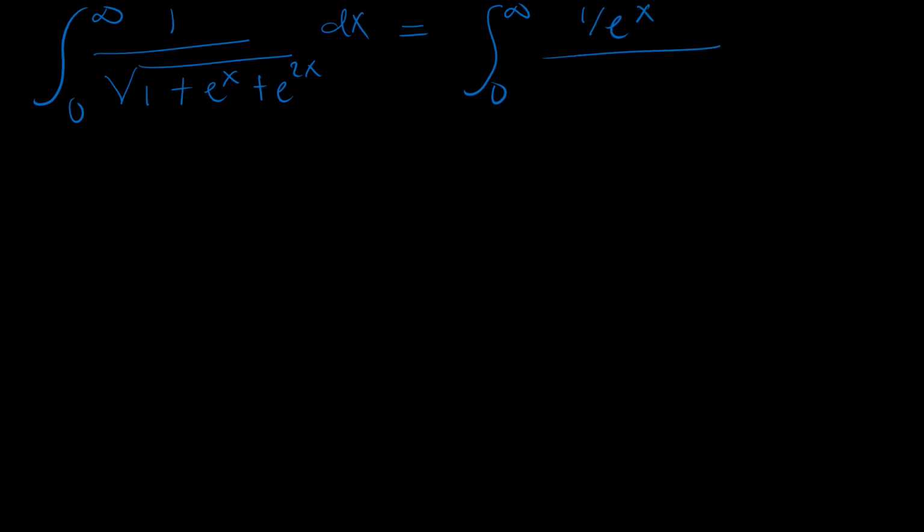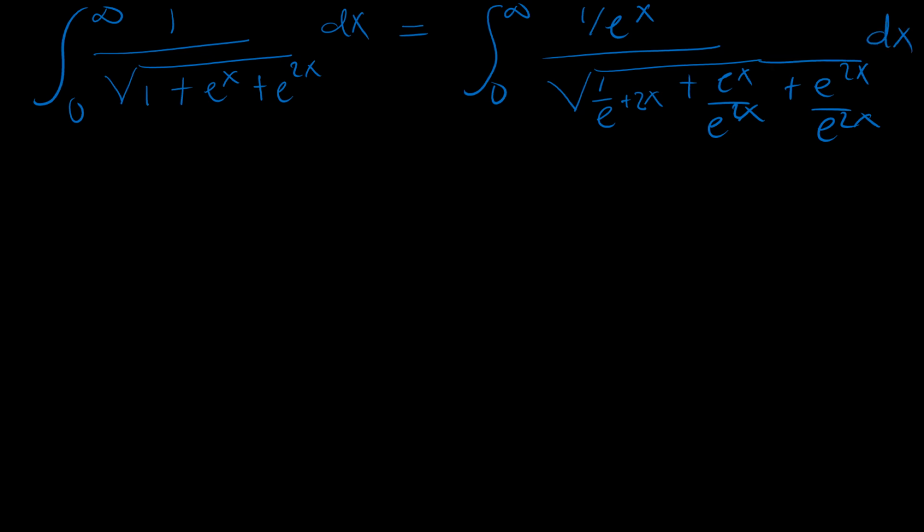Here, when I divide by e to the power x and take everything inside the square root sign, we have e to the power negative x, plus e to the power x divided by e to the power 2x, plus e to the power 2x divided by e to the power 2x, dx.